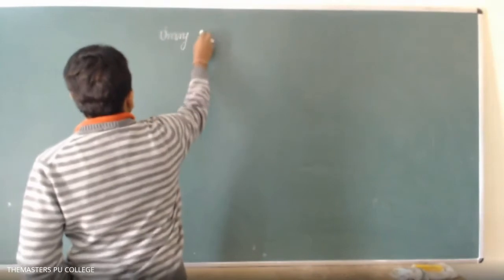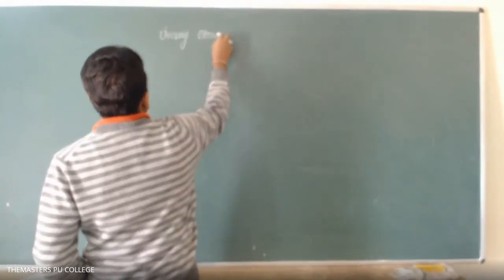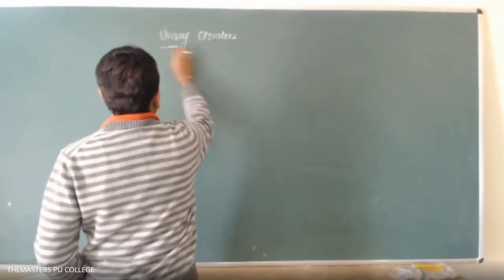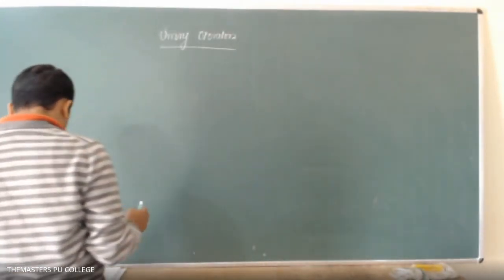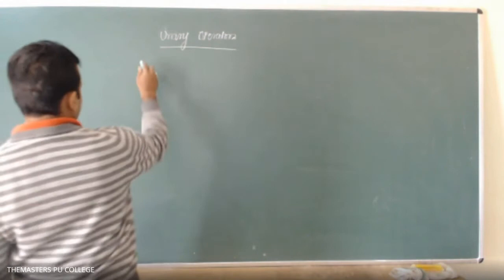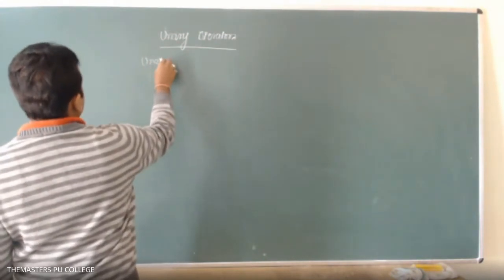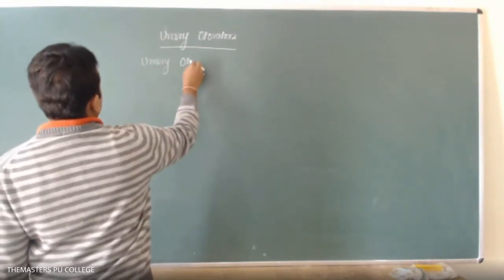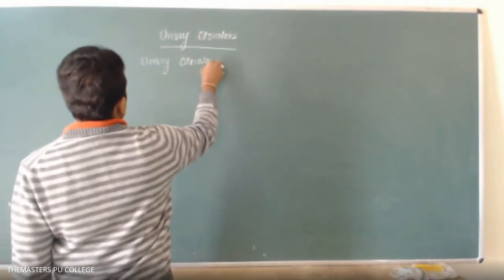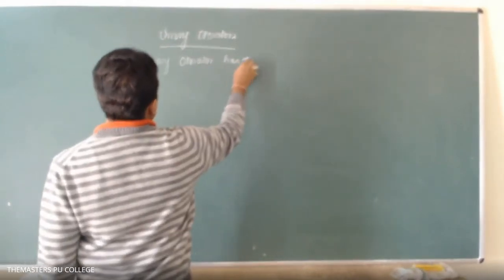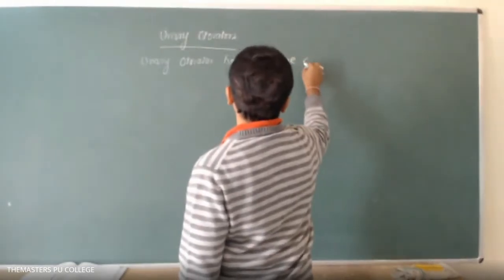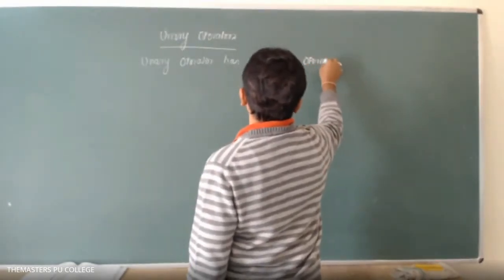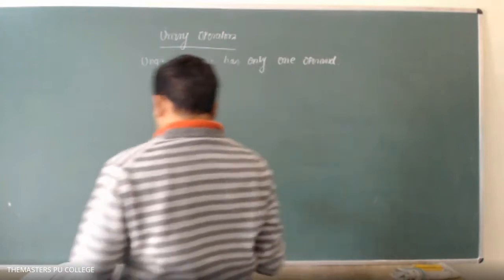Unary operators. A unary operator has only one operand, as we know.